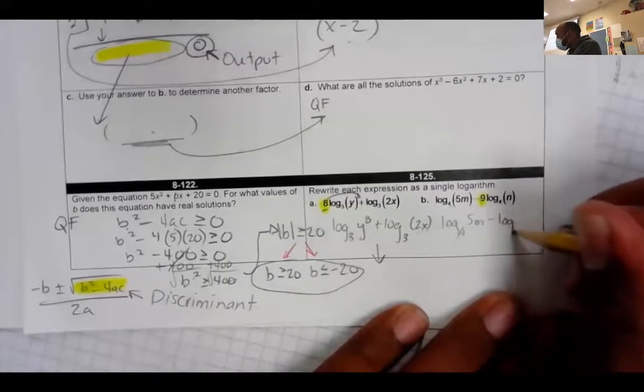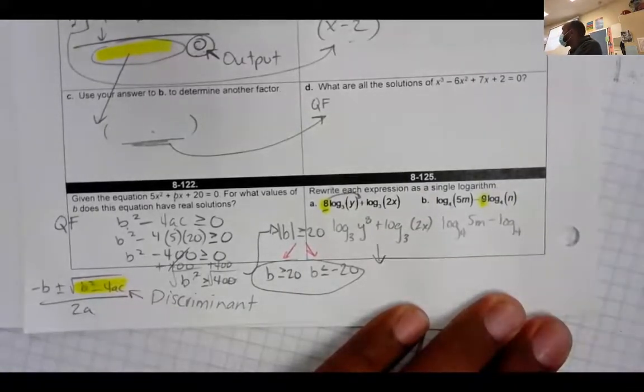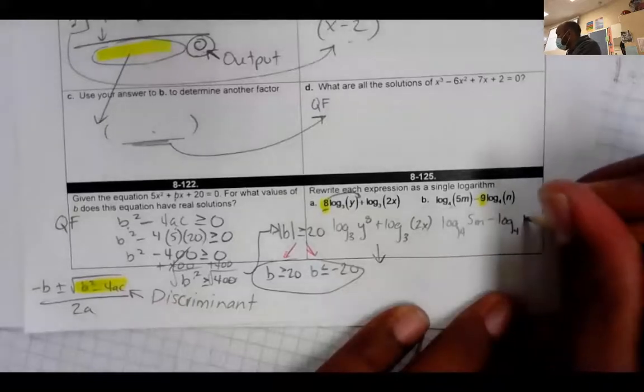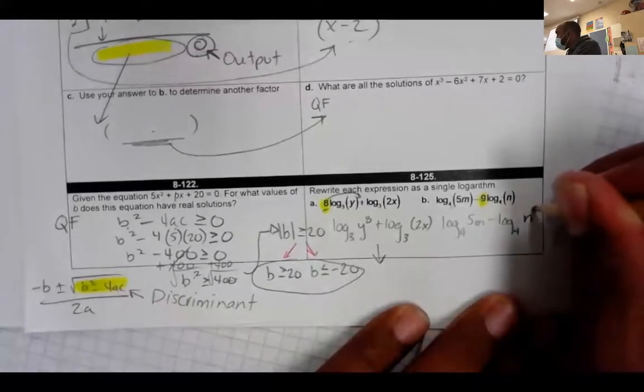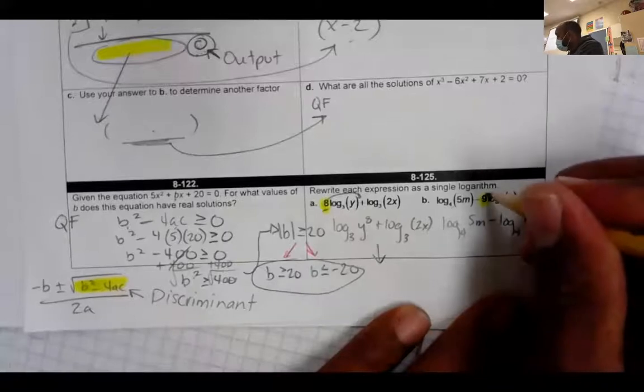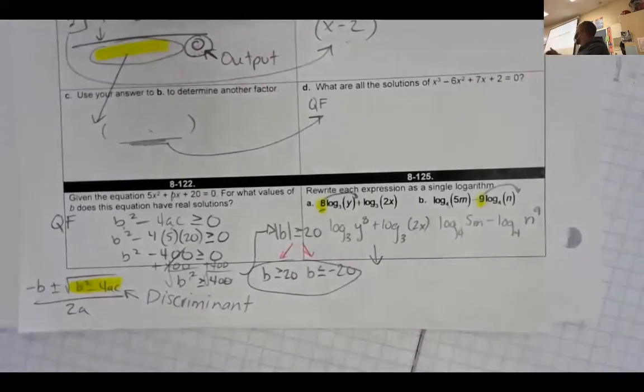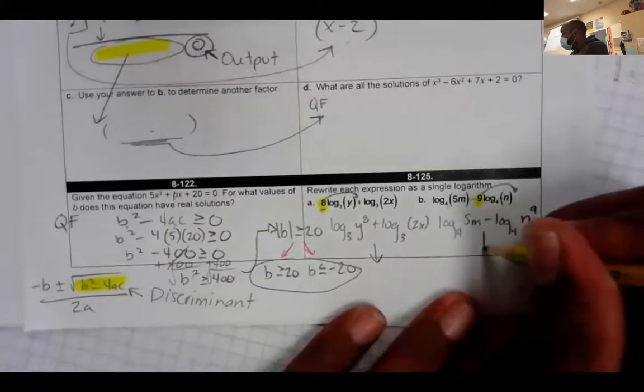This becomes log base 4 of n to the 9th power. Again, I just moved that number in the front to the exponent. And then I'll combine that.